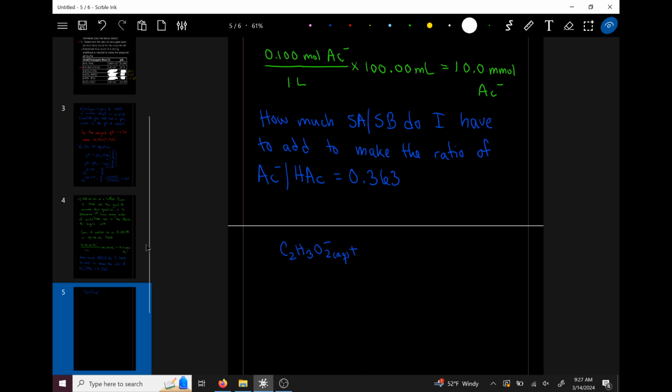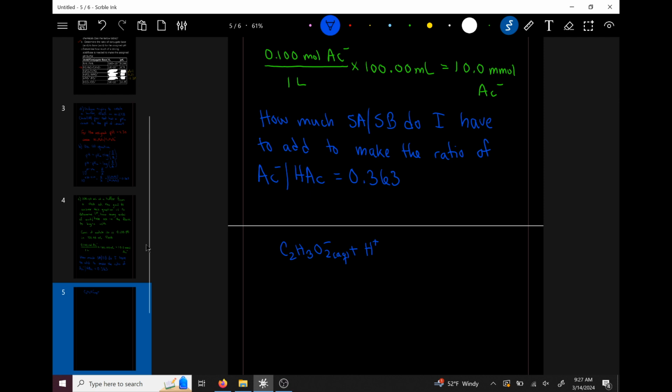Almost, I would say 98% of the time, the counter ion to a conjugate base, an anion, can be excluded from virtually any calculation because we know that it's a spectator ion. So this is going to react with H+.